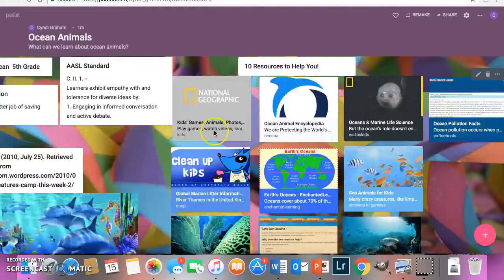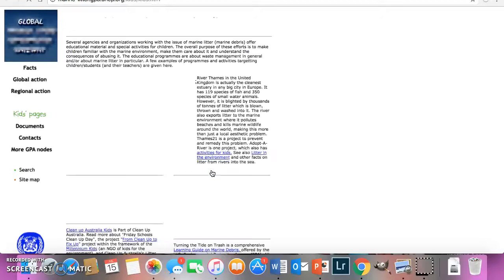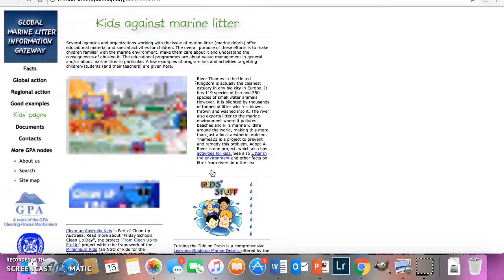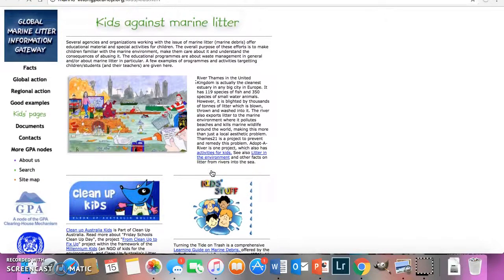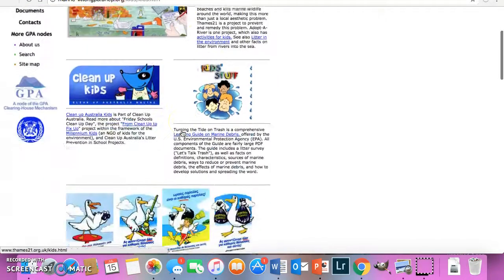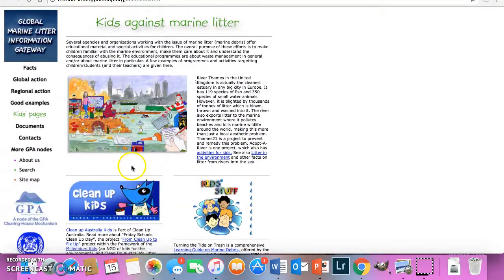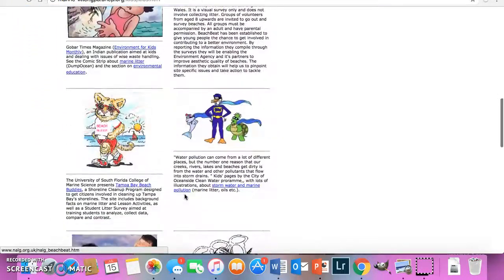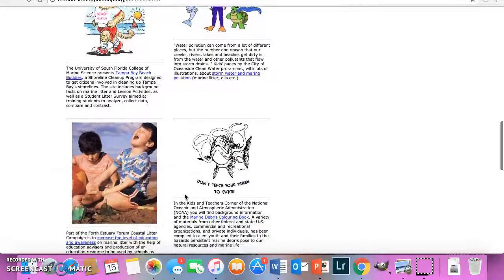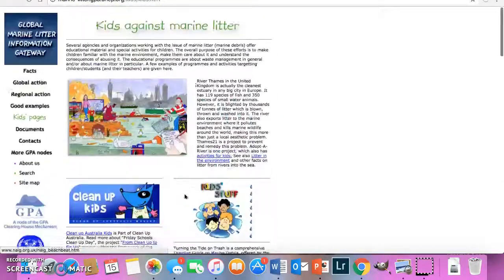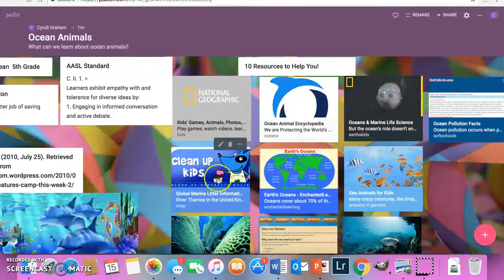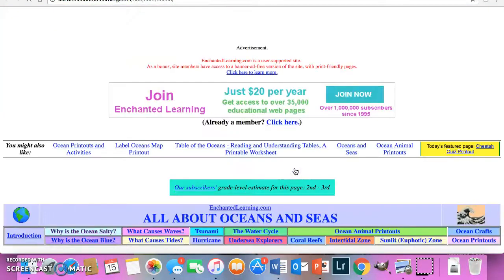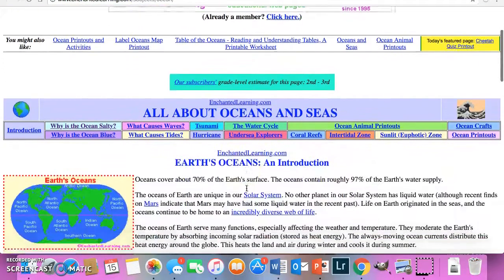We have Global Marine Litter, Kids Against Marine Litter, so littering in the ocean. What can we do to stop that? How can we be more helpful? There are different things you can read about here on this website about water pollution and ways to save the oceans.